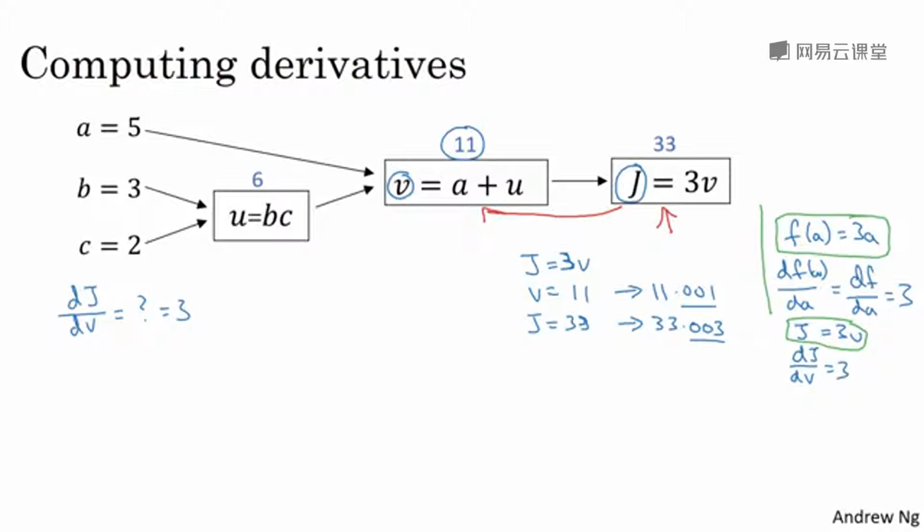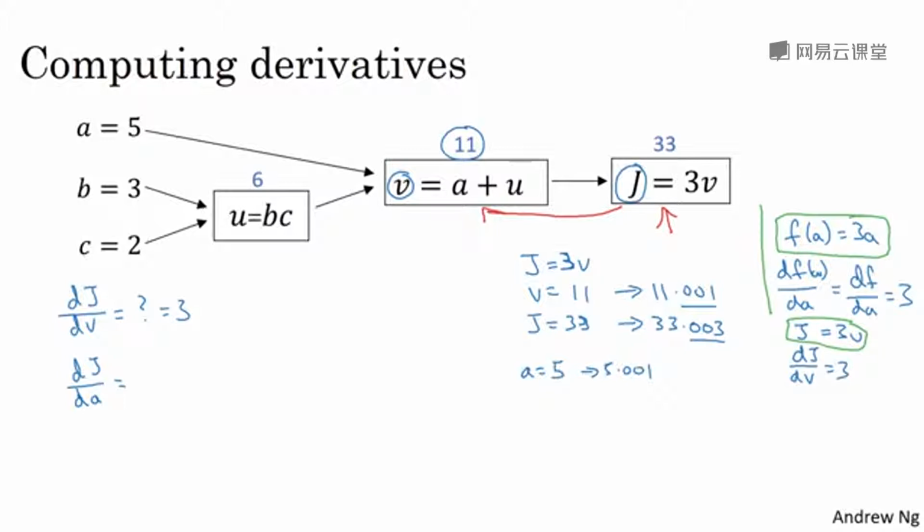Now let's look at another example. What is dj dA? In other words, if we bump up the value of a, how does that affect the value of j? Well, let's go through the example. Right now, a is equal to 5. So let's bump it up to 5.001.